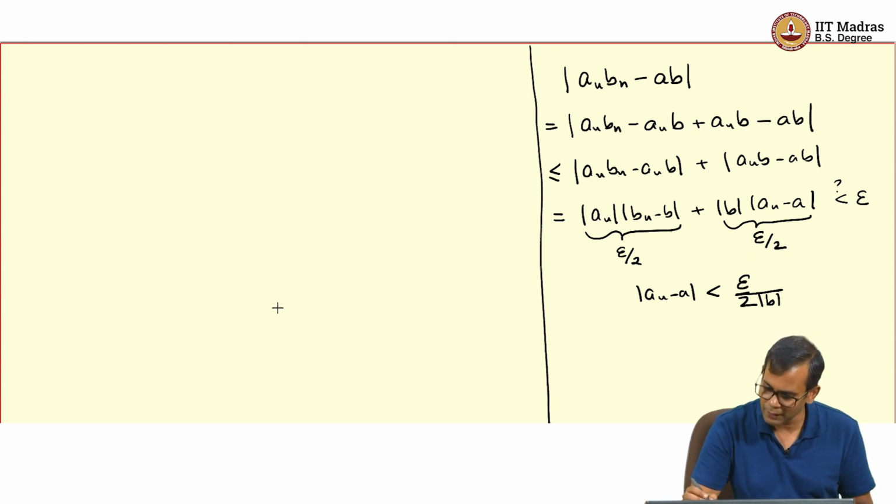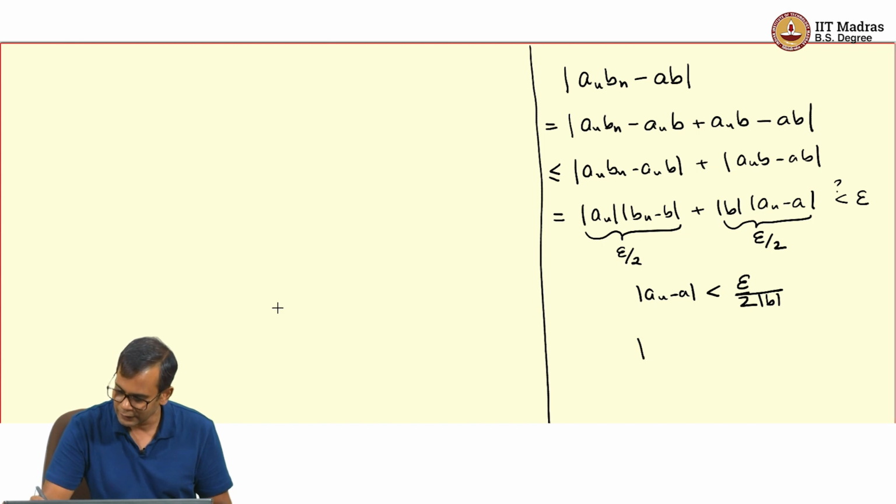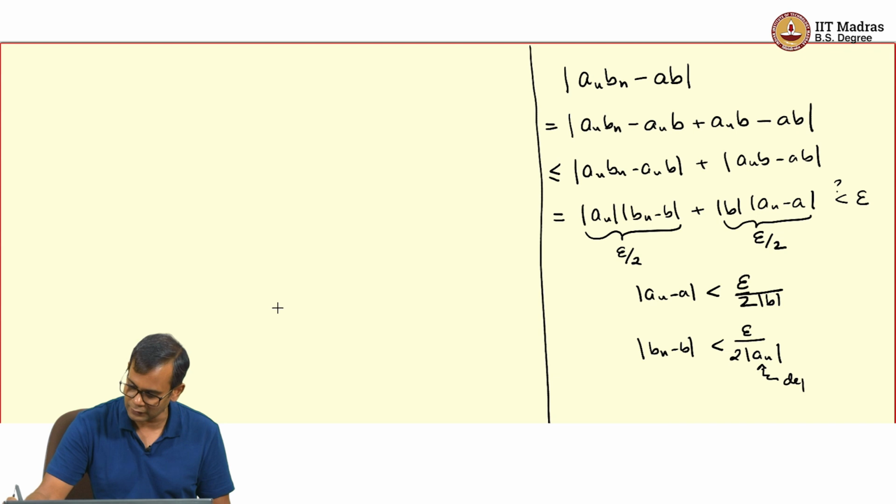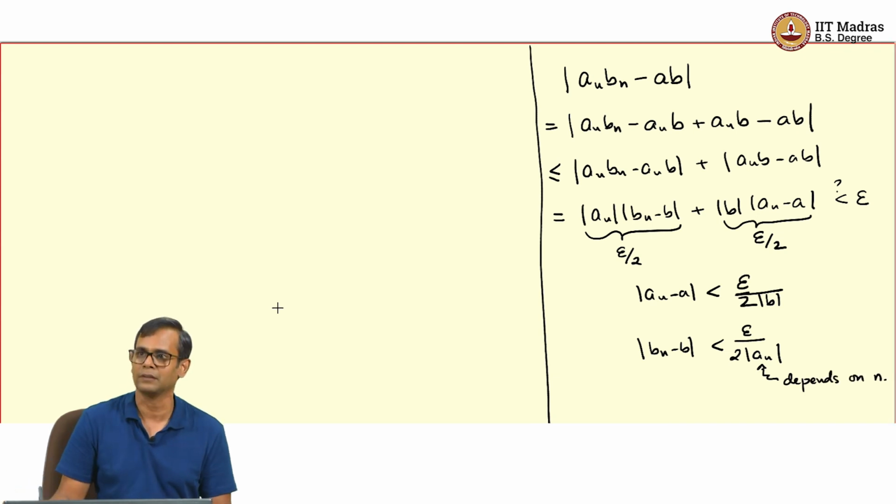The first summand proves a little tricky, because if I try this here, then I will have to make |b_n - b| less than epsilon by 2 times |a_n|. But I want this to be true for all n large, and this thing depends on n, and this is going to cause a problem.